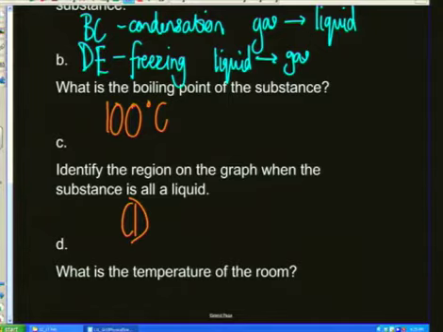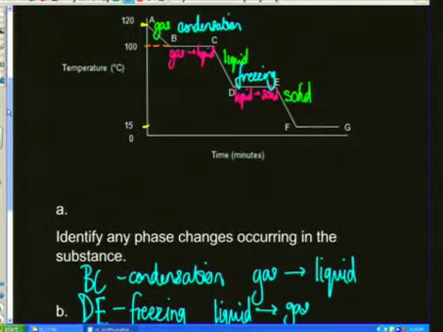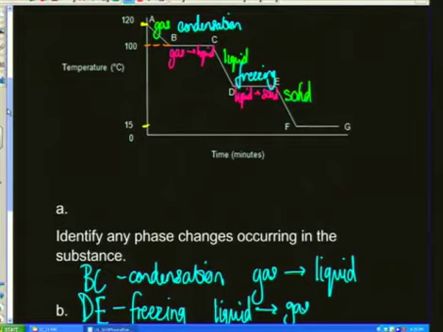Then what is the temperature of the room? Okay, we'll come to that in a moment. Have a quick look here. What is the temperature at which this thing freezes? At which this thing all becomes a solid? Well, again, I'm going to dot a line across. It's approximately maybe 45 degrees Celsius, 100 degrees Celsius, I'm not quite sure.